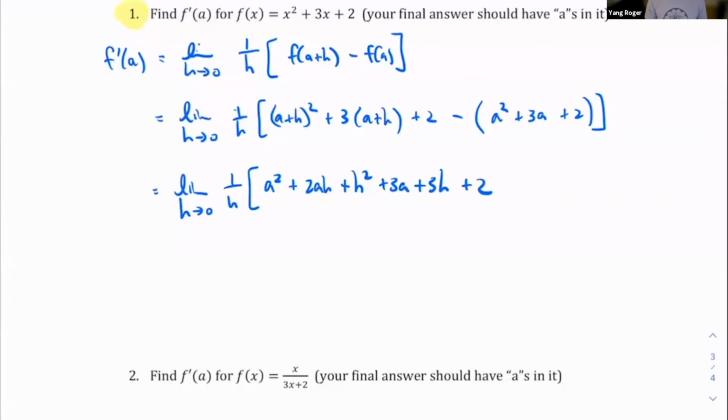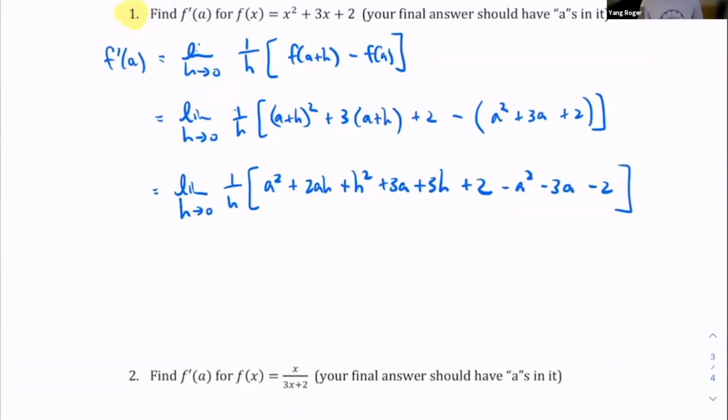So I think, I mean, I don't know, but I'm wondering if maybe some of you forgot to distribute this 3. If you forgot to distribute this 3, that might give you the wrong answer. For the rest of it, it's going to be minus a squared minus 3a minus 2, like that.